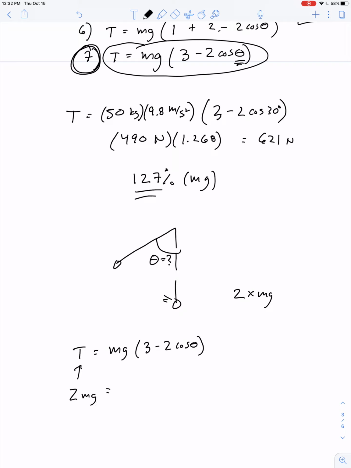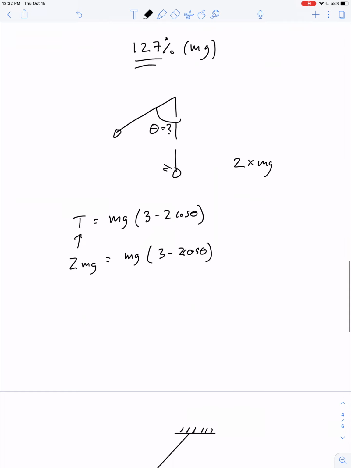So 2 mg equals mg times (3 minus 2 cosine theta). We can cancel out the mg. So this means 2 cosine theta is equal to 3 minus 2, or in other words, cosine theta is equal to 1/2. So theta would be equal to 60 degrees, right?